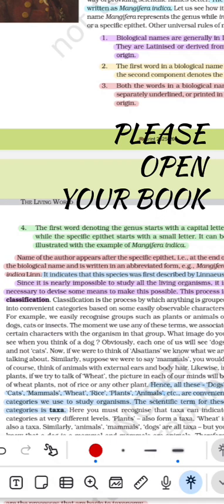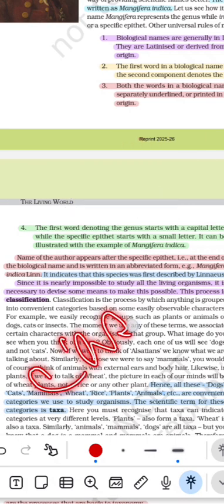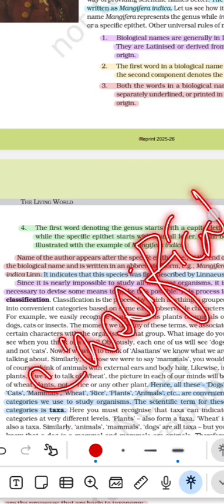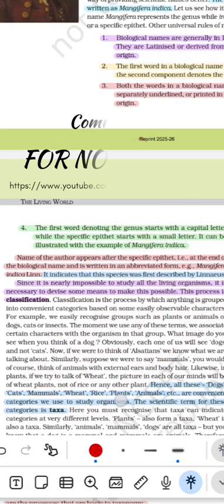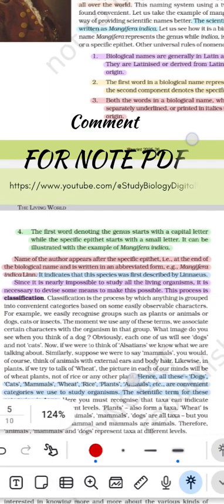Classification is the process by which anything is grouped into convenient categories based on some easily observable characters. So there is a question: what is classification? The process of classifying something is called classification.